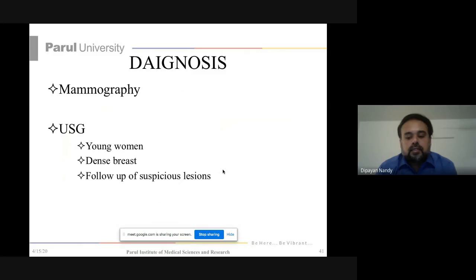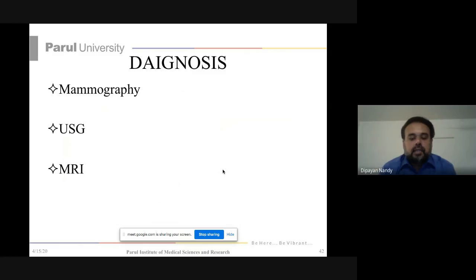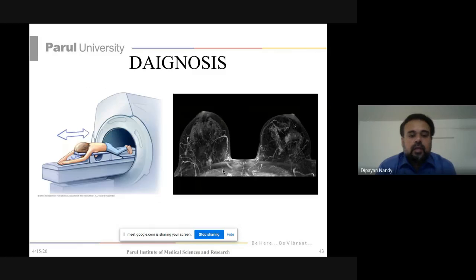The next important one is the MRI. This, of course, again is even more specialized, and because of the cost and availability is not advised to everyone. Please note that breast MRI is not just getting an MRI done like you would do an MRI for the abdomen or the brain. A classical breast MRI requires a special machine, which has a special breast dome, which you can see here.